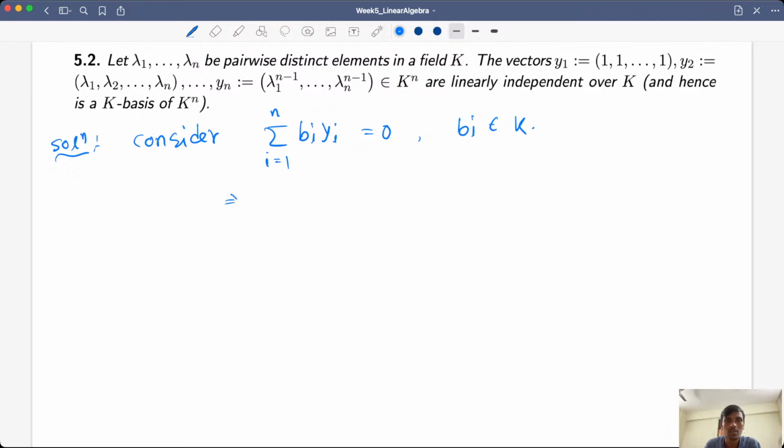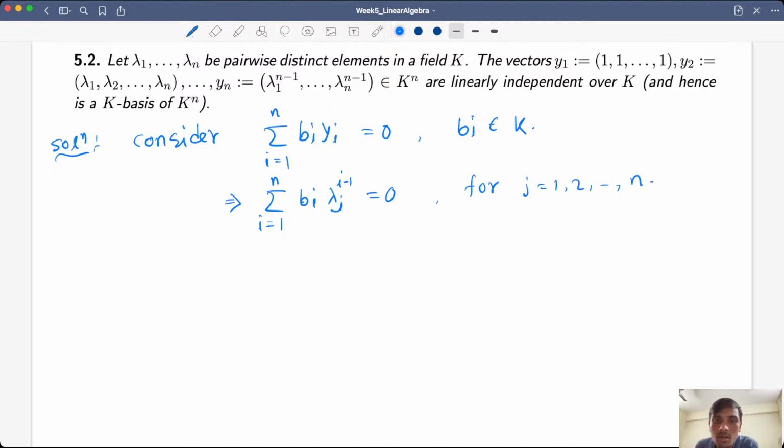If I just expand using the given definition of y i, I will see that this is the same as the sum of b i lambda j to the power i minus 1, i equal to 1 to n, is 0 for j equal to 1 up to n.